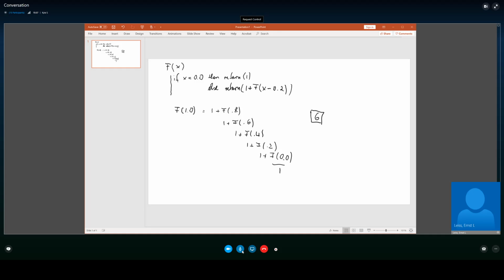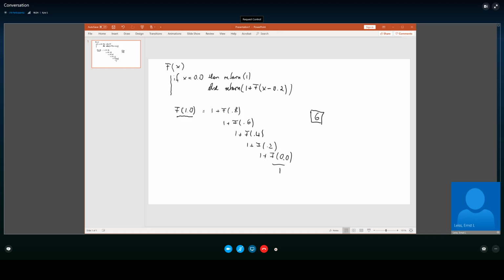Well, I am limiting it to the question f of 1.0. Let's forget about everything else. Well, obviously there are other things. If I call it with 1.1 or with -10, then obviously there are many, many more problems with this code.